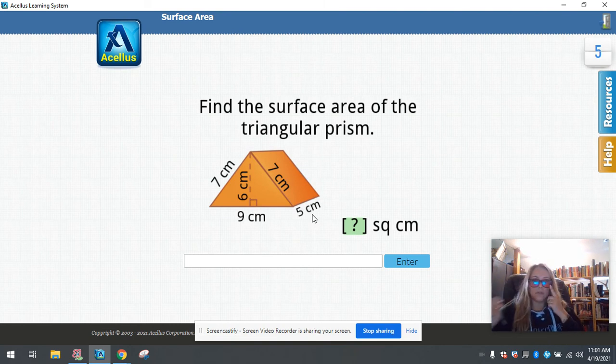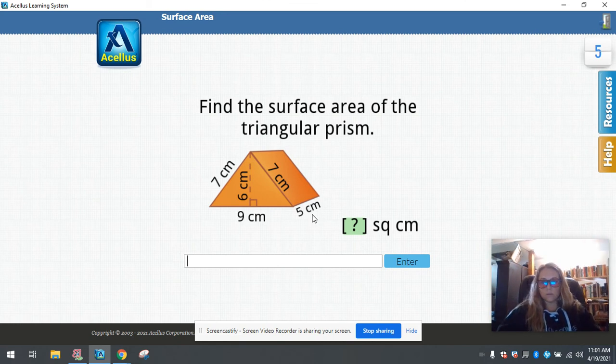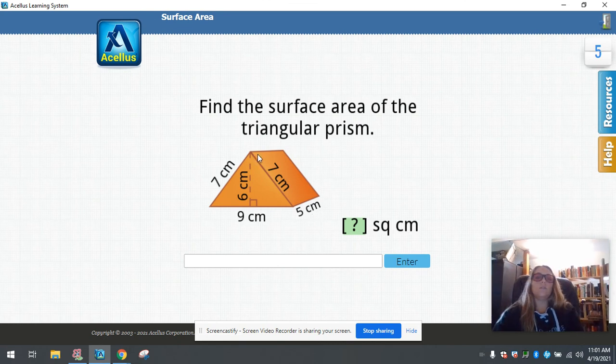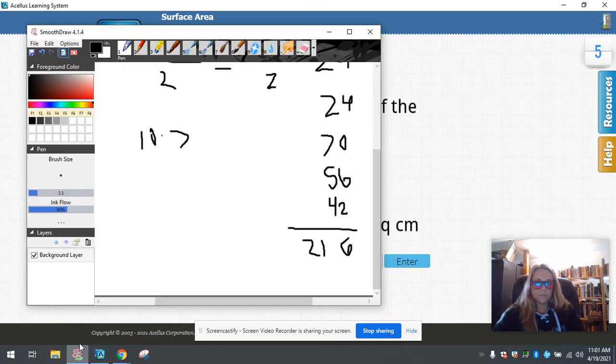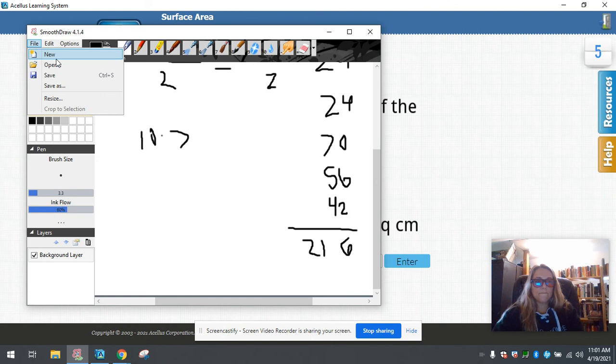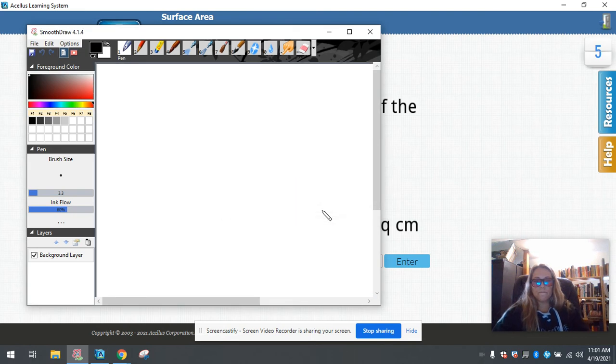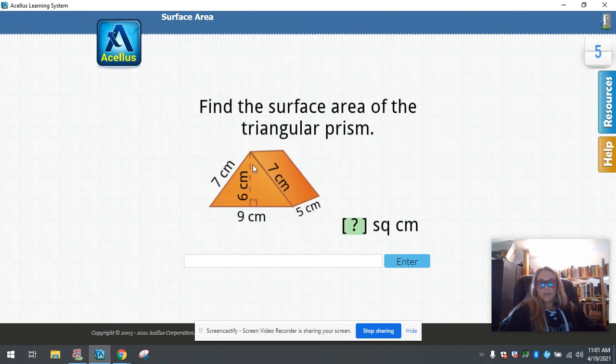Do the next one. Find the surface area of the triangular prism. So again, we are just going to find the area of this front triangle, which would match the area of the back triangle that you can't quite see. And we're going to find the area of each rectangle. Okay, so to find the area of the triangle, we go base times height divided by 2.